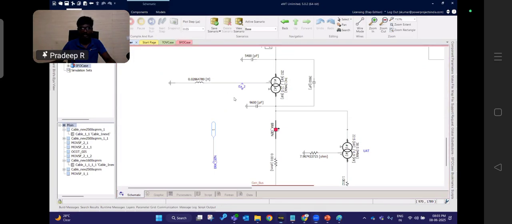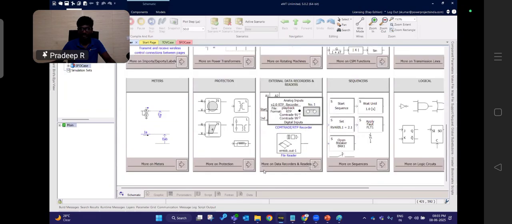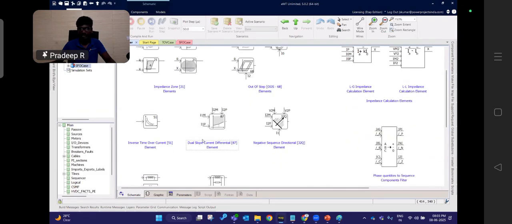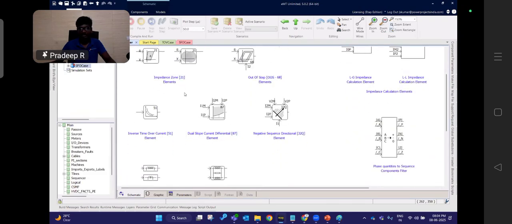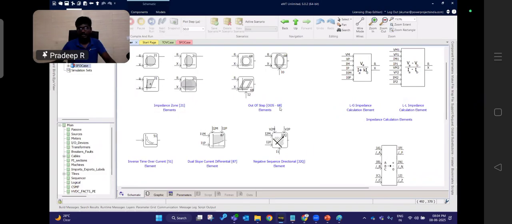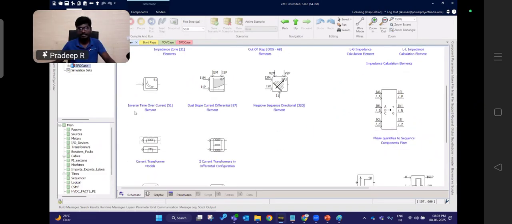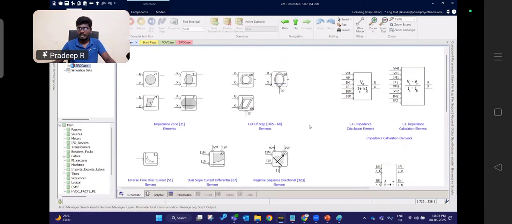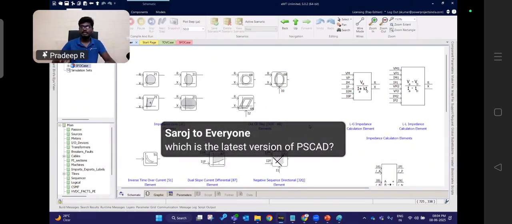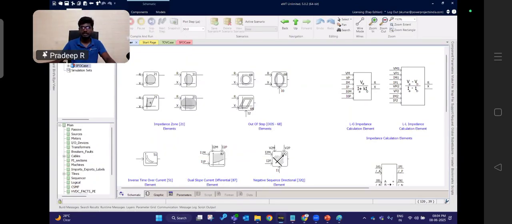So in the master library protections, you can see all the relay modules are present here. Impedance zone elements, out of step OOS 68 elements, inverse time overcurrent element 51, 87, 32Q. Or else if any protection is not there, we can include them as a library file from an external source and we can perform here also.